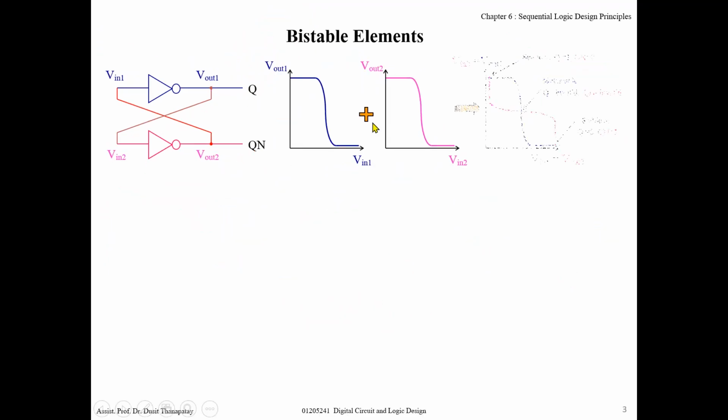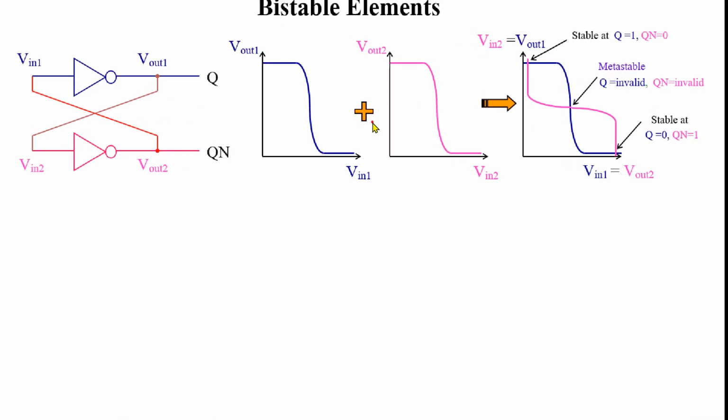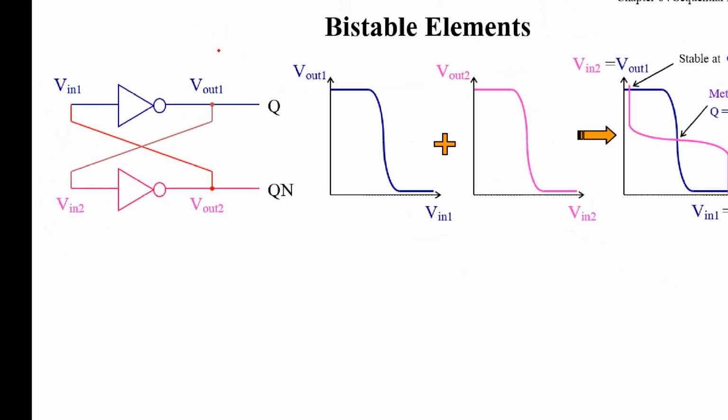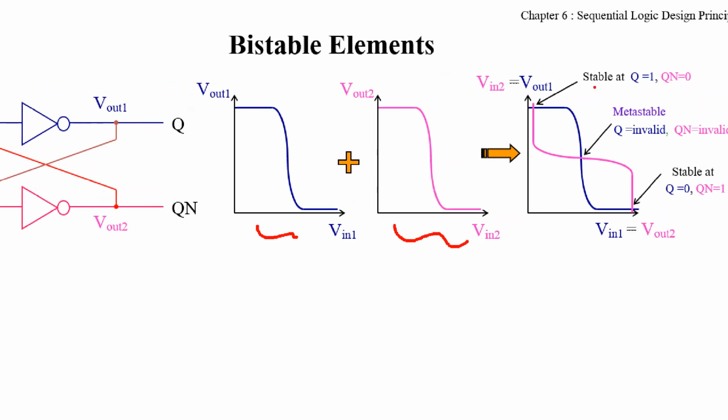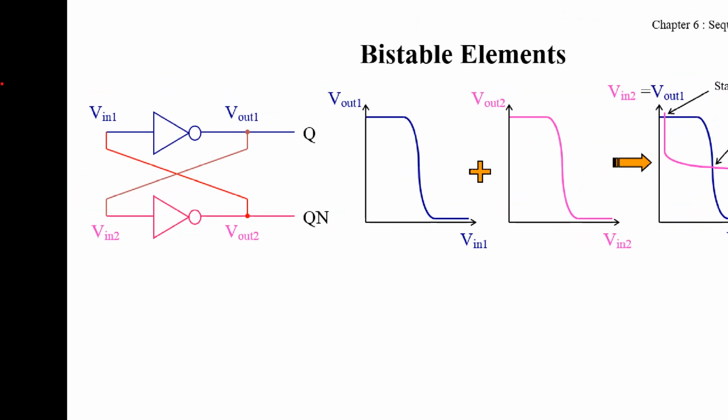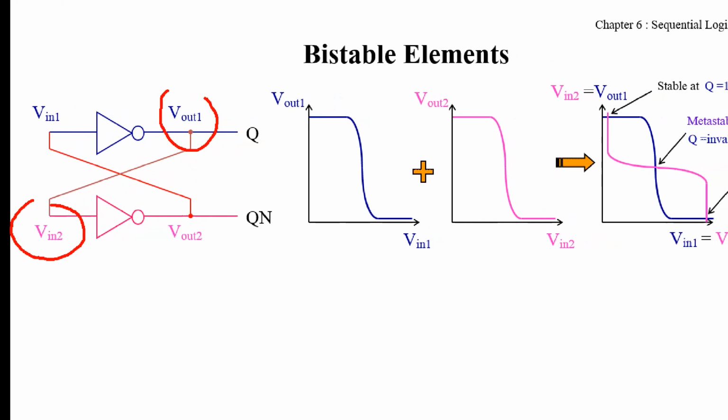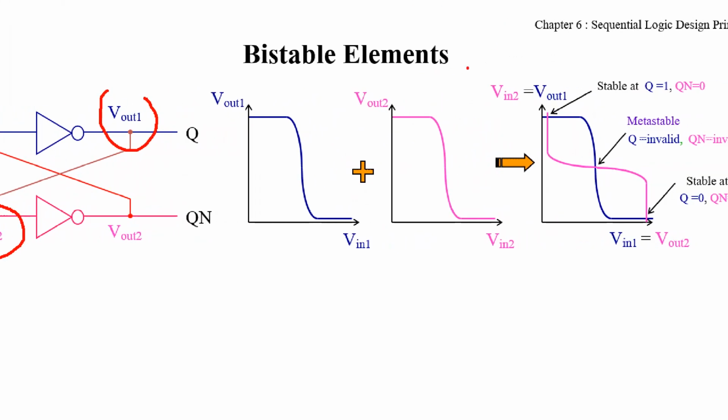Or if I combine this one and this one into the same one, namely V out 1 and V in 2 are the same, right? This axis and this axis are the same one. So we can draw this curve onto this one.